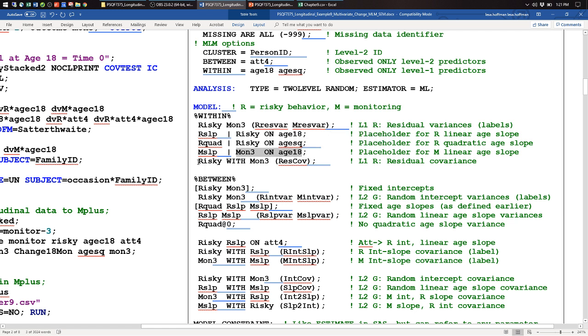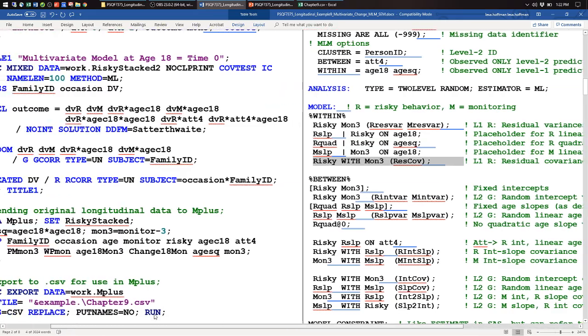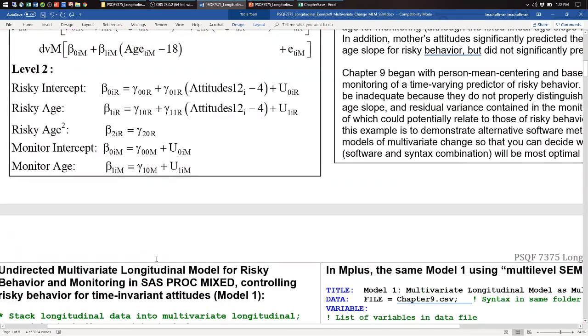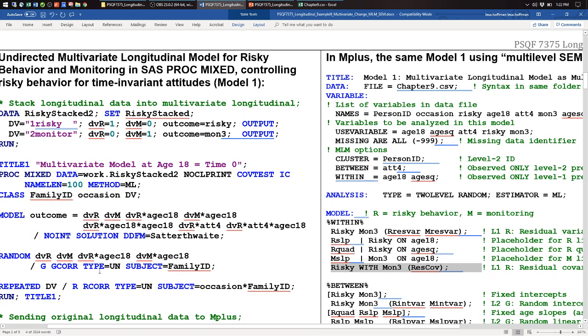And then one last thing here, "with" indicates covariances. So I am allowing the E residuals for risky at the same occasion to covary with the E residuals for monitoring. That corresponds to the idea of an unstructured R matrix over here in SAS land.